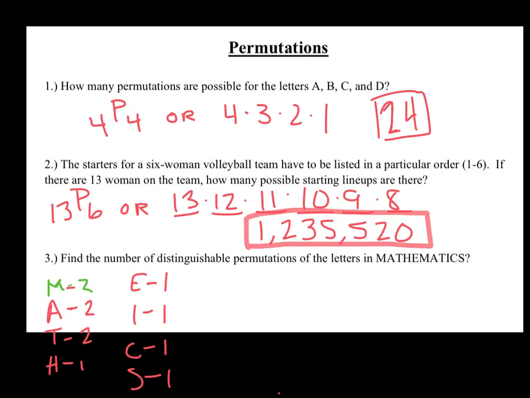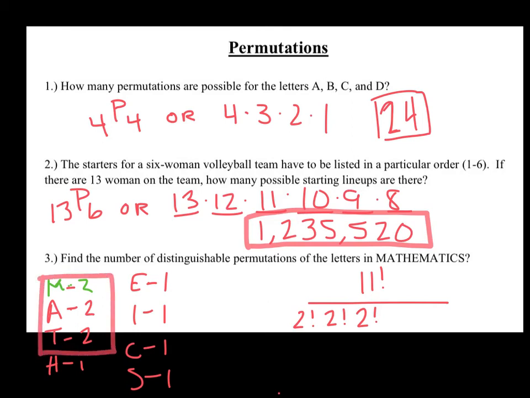So what we do is we take the total number of letters in the word mathematics, so that would be 11. We say 11 factorial, 11 possibilities for those letters, now divided by all the possible combinations there are for each individual letter. So for M, it would be 2 factorial, A, 2 factorial, T, 2 factorial. And you could do H and I and C and S, so 1 factorial, 1 factorial, 1 factorial, 1 factorial. But because it's 1 factorial, it's really just 1. So you only need to include the letters that occur more than once.